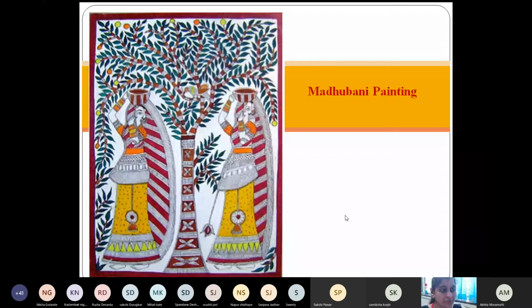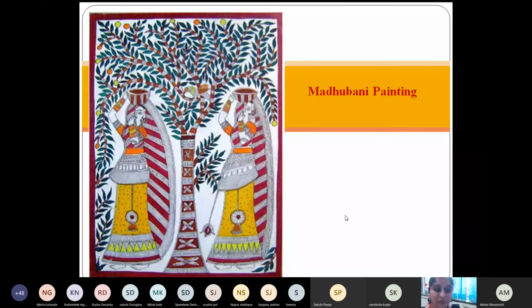Over here, the human figure, the tree of life, and everything. If you very carefully observe the woman's ghagra, it's yellow with just red polka dots, whereas on the upper body you can see fine lines being covered up over here.